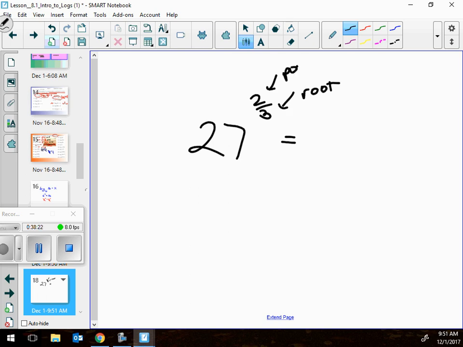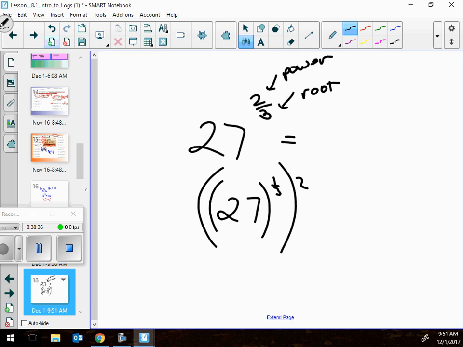That's the power part. 27 to the 1/3 to the 2. That's the same exact thing as 27 to the 2/3. Can you do this part, the third root of 27? What's that? 3. And then you take that and you square it, which makes 9. Answer is 9.